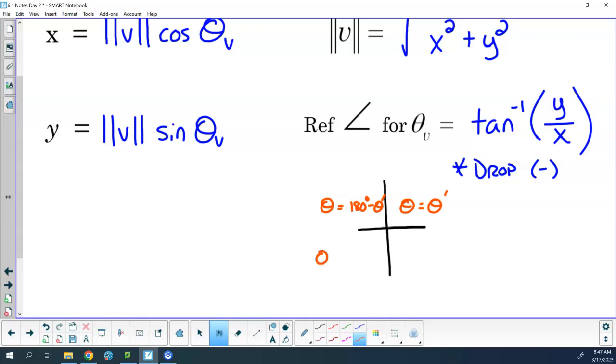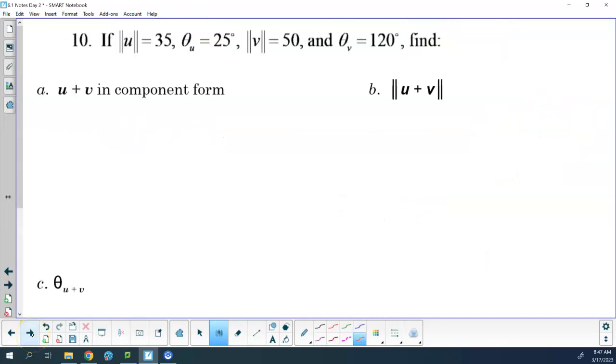If we're in quadrant 3, our actual theta is 180 degrees plus our reference angle. And if we are in quadrant 4, it's 360 degrees minus our reference angle. That goes all the way back to when we first did this. With that being said, let's do our one example.